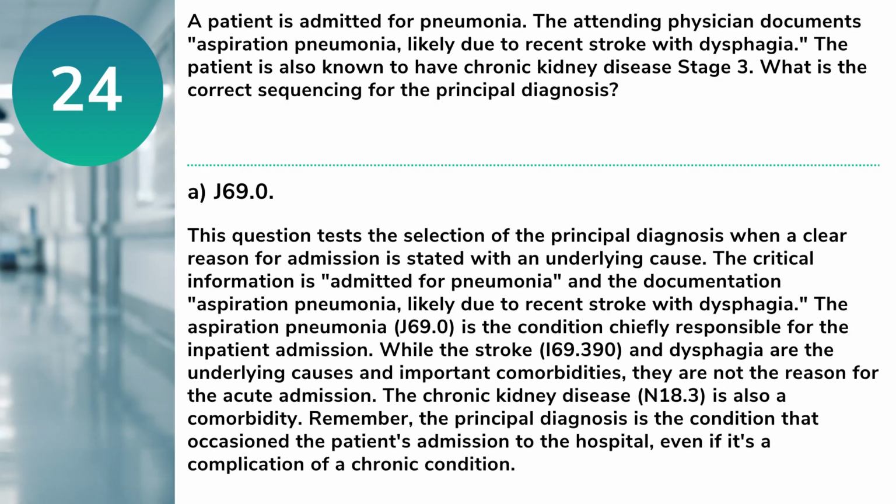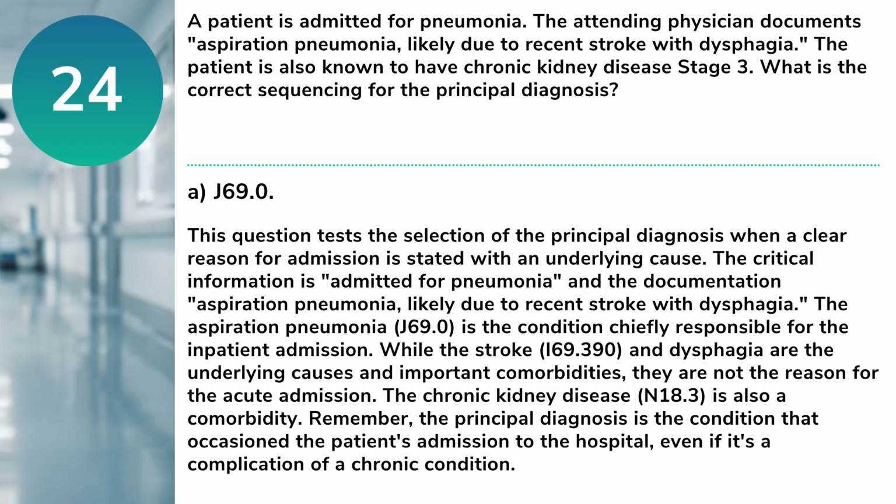Answer: A. J69.0. This question tests the selection of the principal diagnosis when a clear reason for admission is stated with an underlying cause. The critical information is admitted for pneumonia and the documentation aspiration pneumonia, likely due to recent stroke with dysphagia. The aspiration pneumonia, J69.0, is the condition chiefly responsible for the inpatient admission.